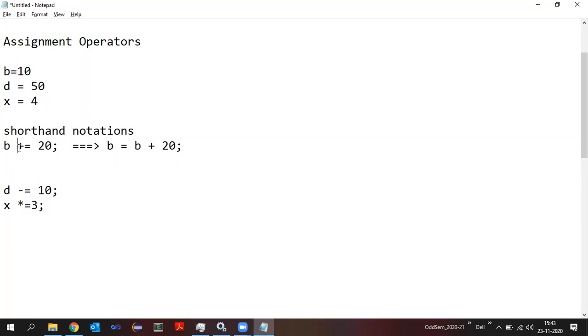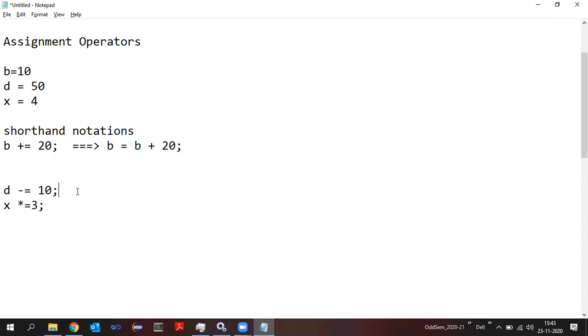Pay attention here. We are going to do addition between two operands: one is the B value, another is the 20 value. So we will do B plus 20, and then assign it back to B. In simple notation, this is B is equals to B plus 20.